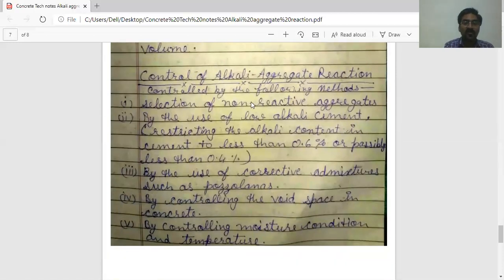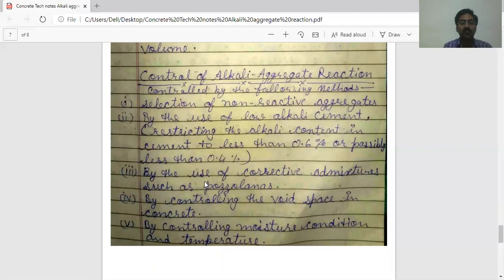Now, remedies of alkali aggregate reaction, or control of alkali aggregate reaction. First, some methods of control of alkali aggregate reaction. First is selection of non-reactive aggregate. Second, the use of low alkali cement, restricting the alkali content in cement to less than 0.6% or possibly less than 0.4%.